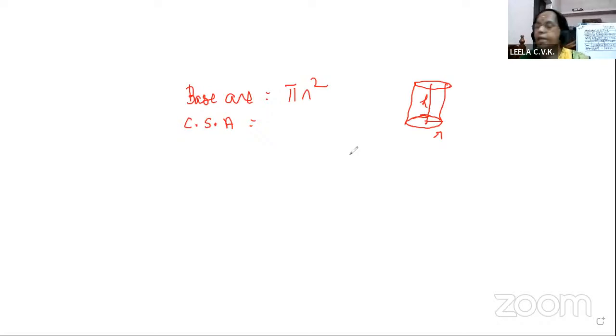See, curved surface area for cuboid and all I explained. There is a shortcut formula. What is that? It is perimeter into height. So I'll just explain with that. Perimeter into height. Height is h, no problem. So what is the perimeter? For circle, what is the perimeter? Perimeter of the circle 2 pi r, isn't it?